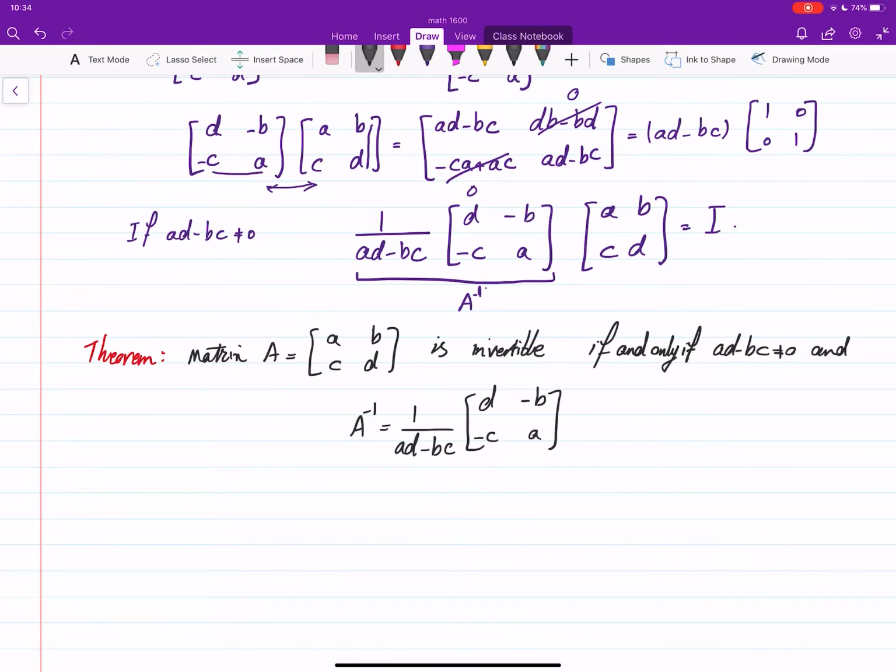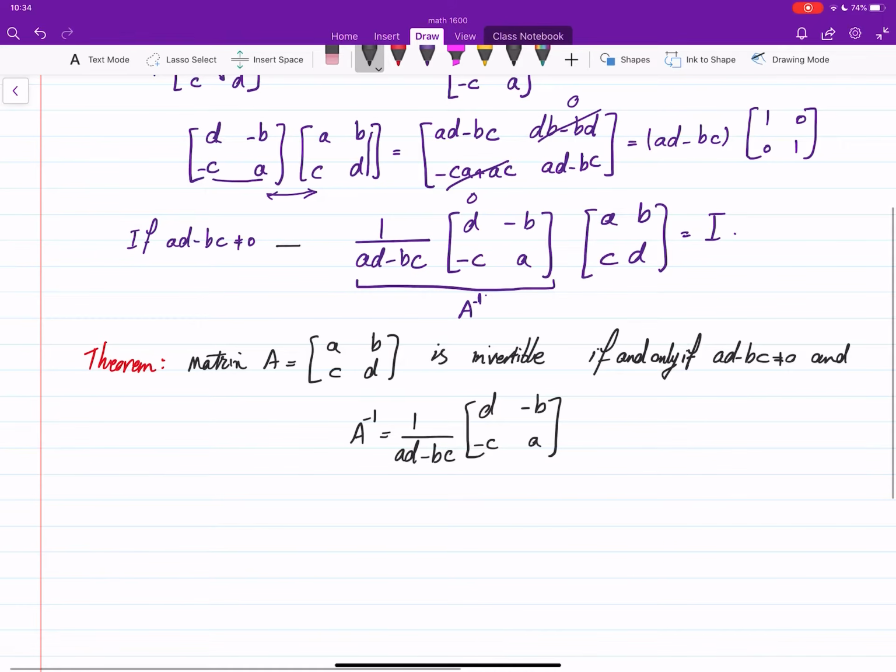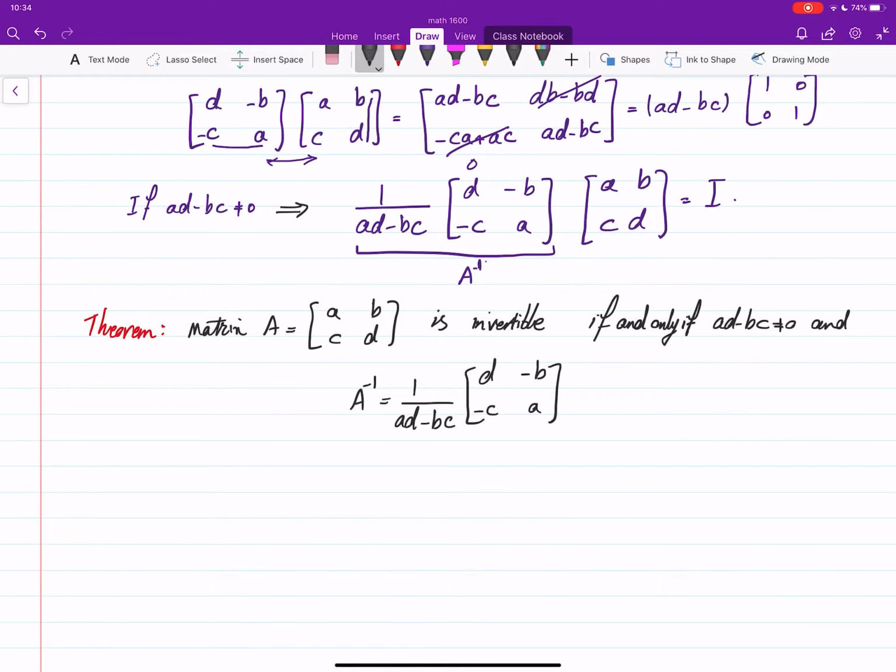What we showed was that if this is non-zero, then the matrix is invertible, and that's the inverse. The other way around needs a little more work. You can check the book, but it's not difficult. You have to separate different cases, but in the end you'll see that the other direction is also true. So checking invertibility of a 2 by 2 matrix is just checking whether AD minus BC is 0 or not.